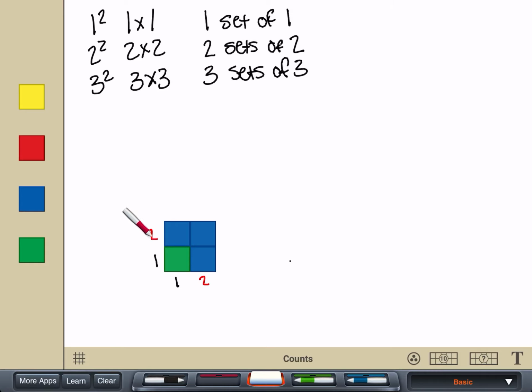You can see it's a square. And for 3 squared, 3 sets of 3. 1, 2, 3. 1, 2, 3. 1, 2, 3.